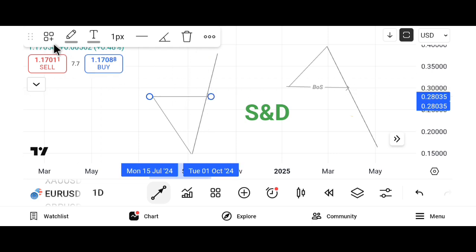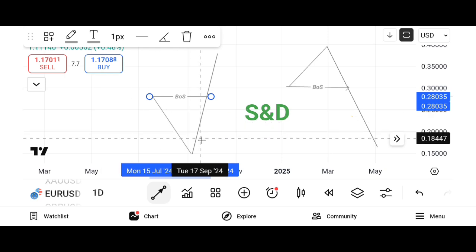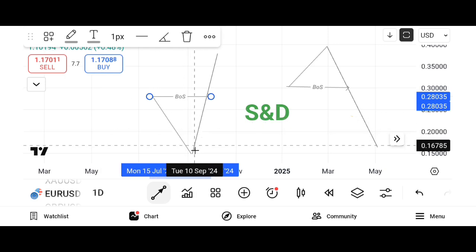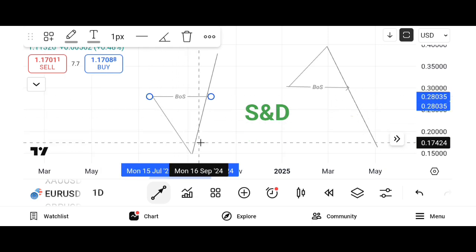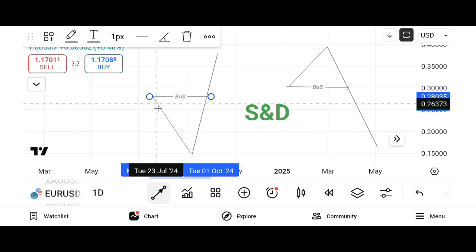After each break of structure, a supply or a demand is created. So this is demand, after this bullish break of structure.